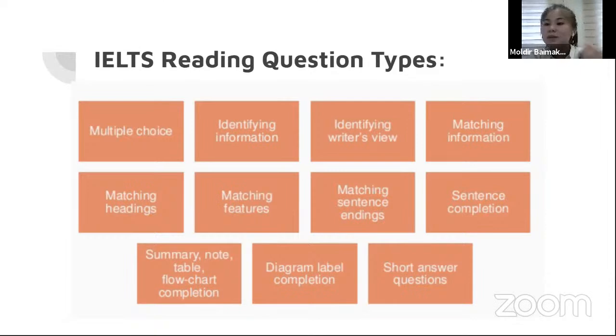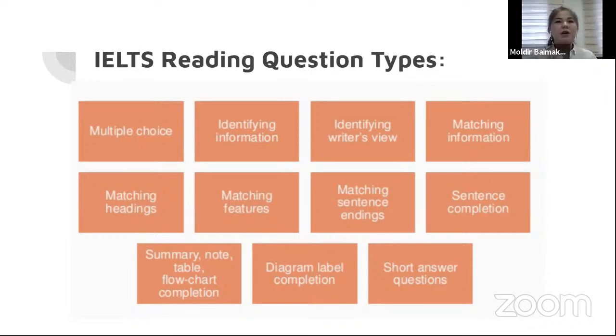Writer's view is something that is not specifically written there. It is mostly what the author suggests, what he uses to improve his argument and why probably he refers to something. So this is basically writer's view.